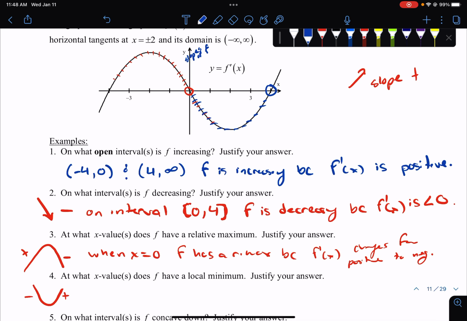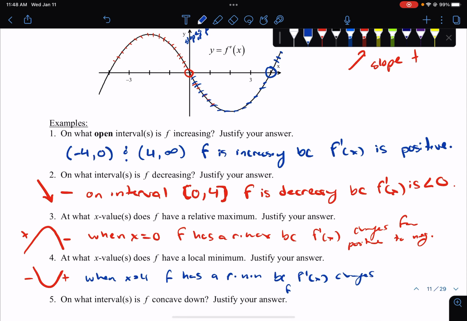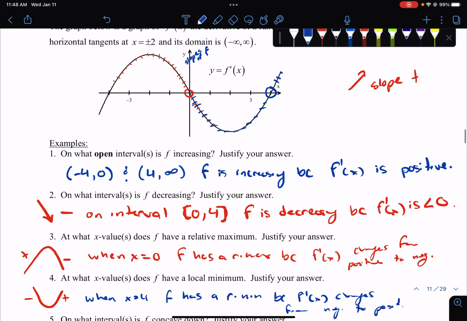Then it changes to positive slopes, right? So when x equals 4, f has a relative minimum because f prime of x changes from negative to positive. And you stop talking right there. That's all the explanation you need, okay?